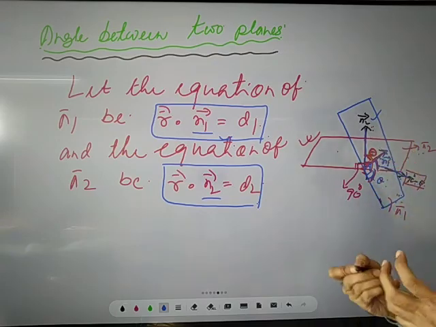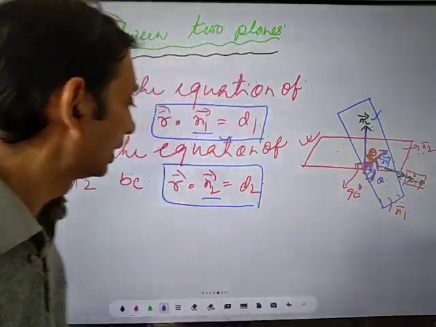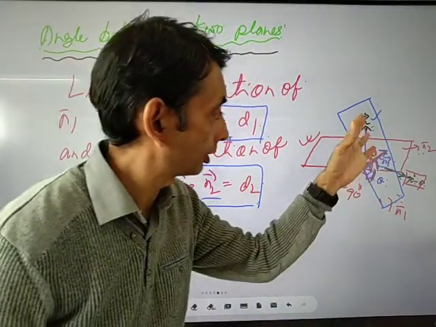And we know how to find the angle between two vectors. n1 and n2 are two vectors, so we can find the angle between them.